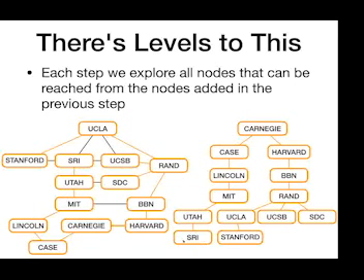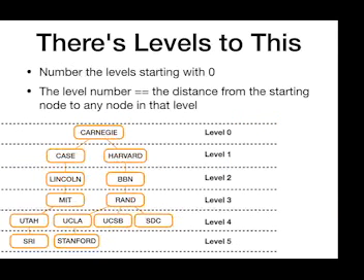So if there were a shorter path from Carnegie to SRI than this path that we found, the algorithm would have found that path instead of the one that it found here. SRI would have been explored earlier in the algorithm if there were a shorter path, because it would have taken that path, because we're exploring every neighbor from all of the explored nodes. So these levels give us the distance directly.